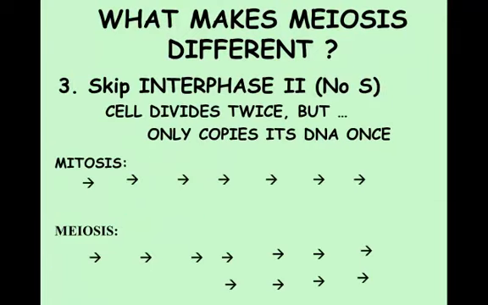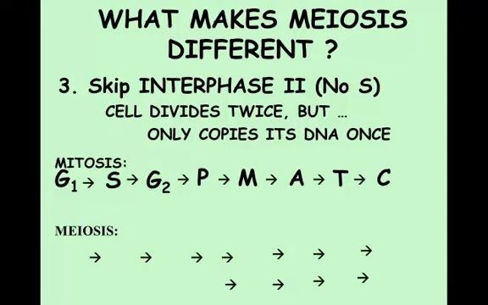So let's talk about phases now, and we're going to walk through the phases and see what is different from the kind of division that you already know from mitosis. In mitosis, remember, we started with a body cell in G1 hanging out in the body doing its thing, and once the cell got the signal and decided it's going to divide, it would copy its DNA in S, it would make cell parts in G2, that's interphase, and then we go into the cell division, prophase, metaphase, anaphase, telophase, cytokinesis.